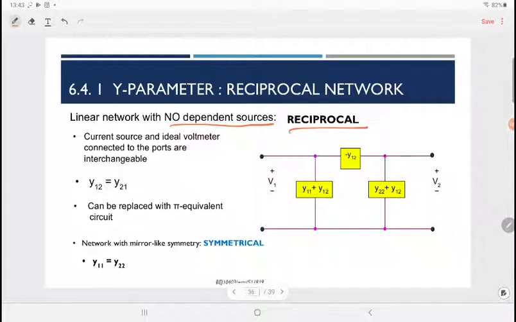So for a reciprocal network, Y12 is always equal to Y21. Therefore, if you can find the value of Y12, automatically you can find the value of Y21 because they always have the same value.